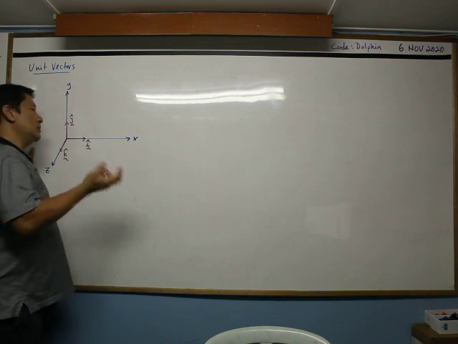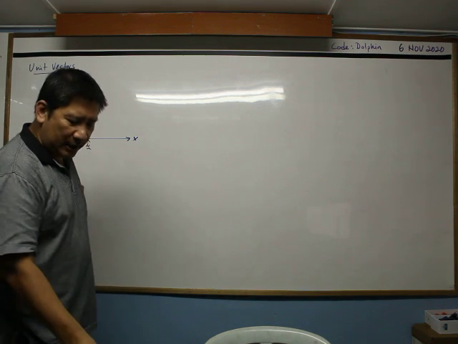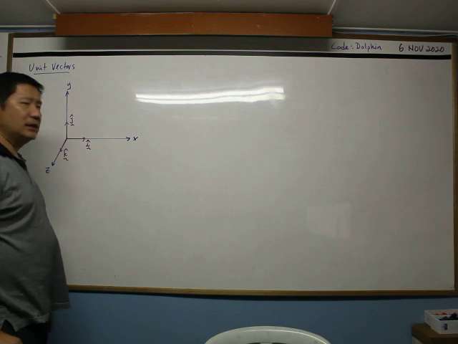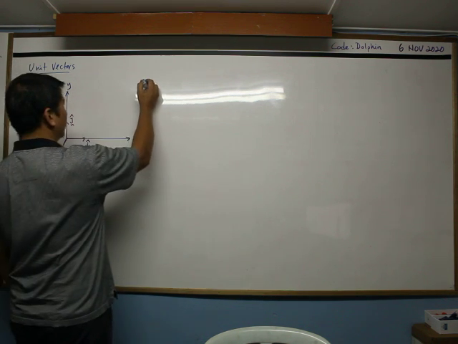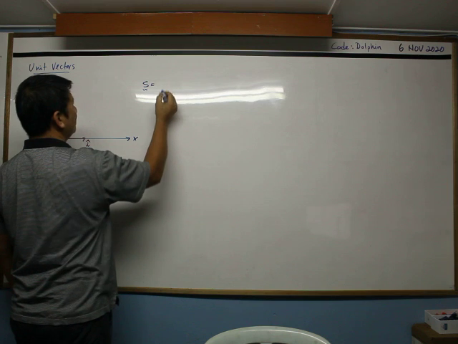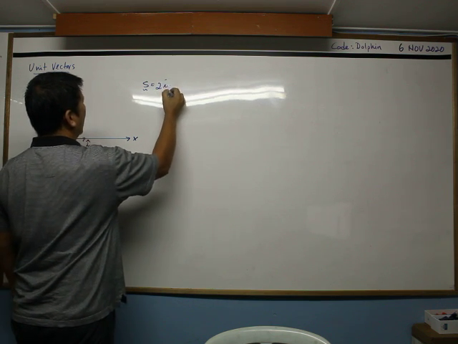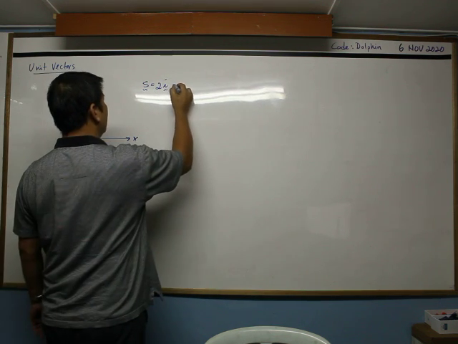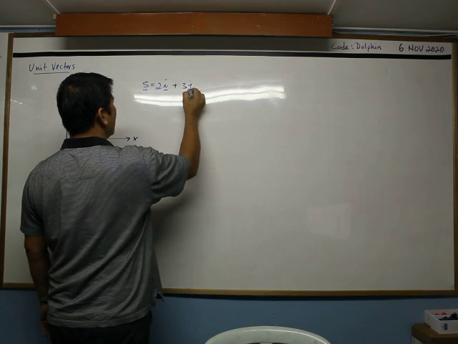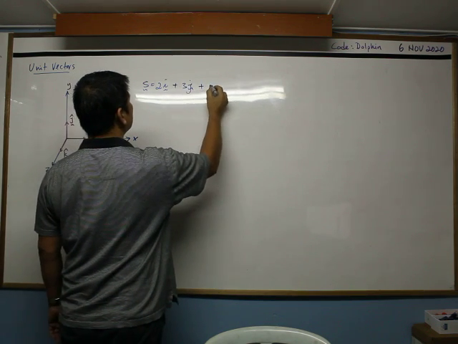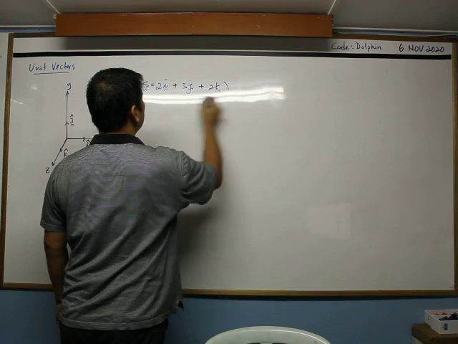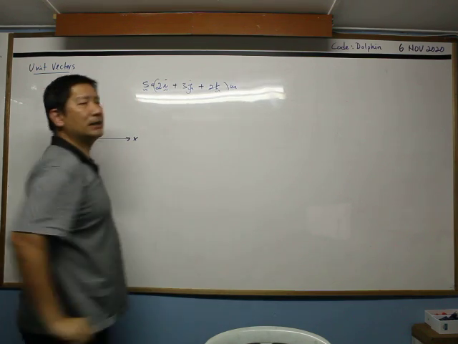So how do we use it, for example? We can write down a vector like a displacement vector. A displacement vector is given like 2i plus 3j plus 2k in the unit of meter, let's say.